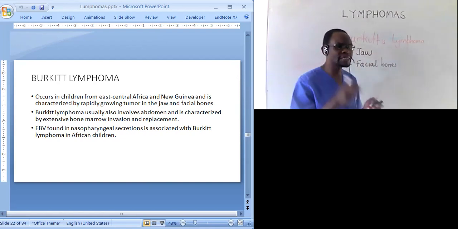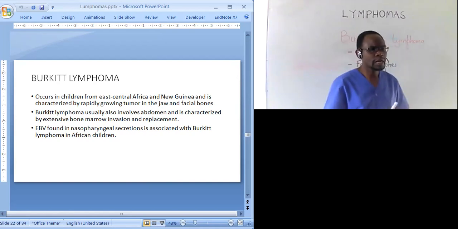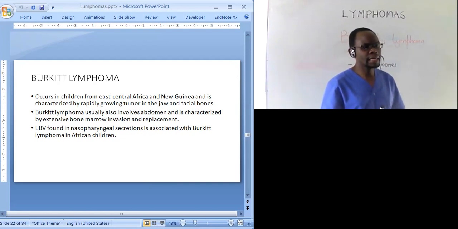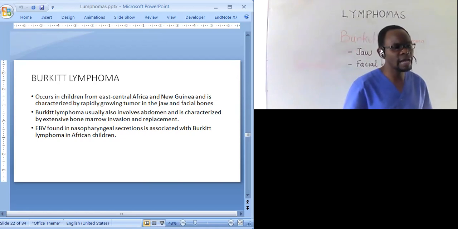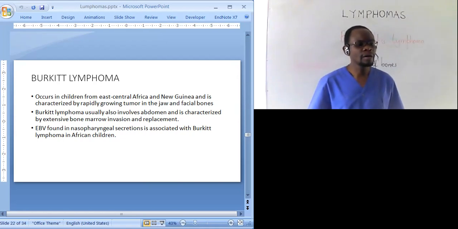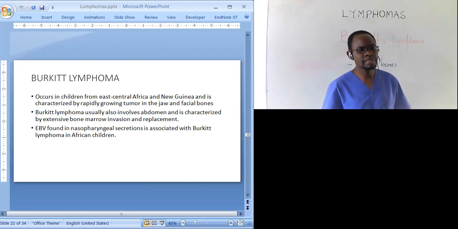That tumor basically affects the jaw and facial bones. And of course, it can also involve the abdomen, and is characterized by extensive bone marrow invasion and replacement.